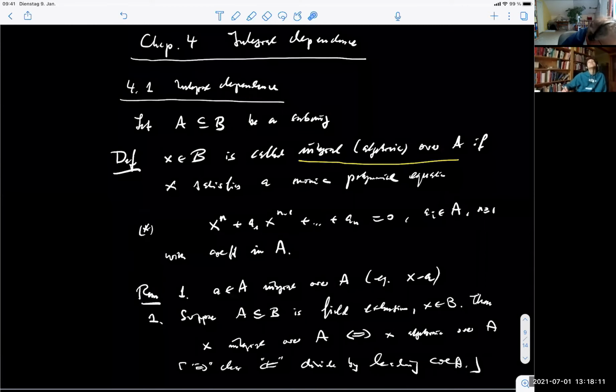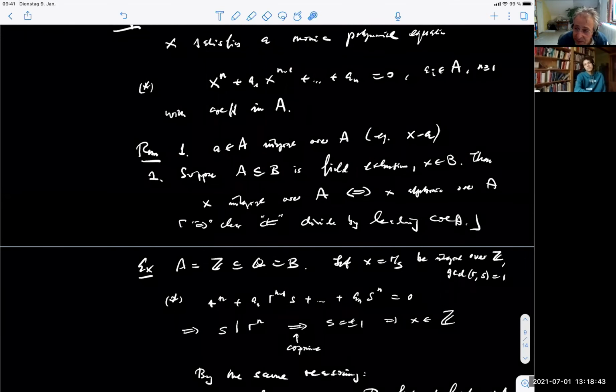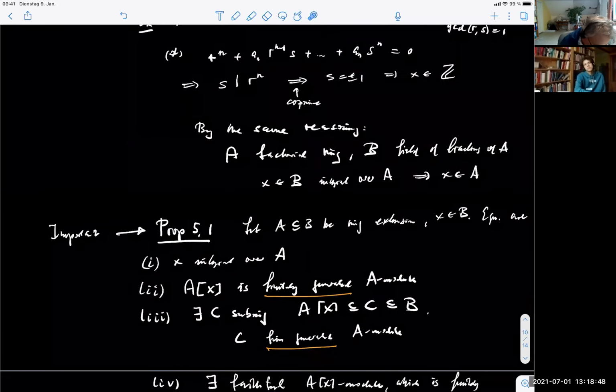So what this is good for: if I put these terms on the other side, I can express x^n as an A-linear combination of smaller powers. Okay, x^n is an A-linear combination of x^(n-1), x^(n-2), and so on, down to x^1. And then I can repeat this idea. So all powers of x can be represented as A-linear combinations of the first n powers.